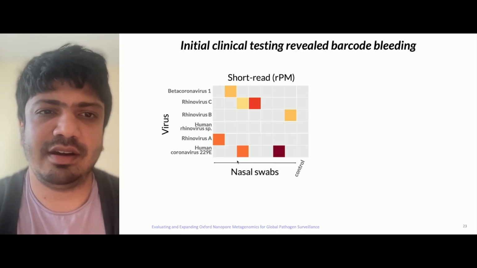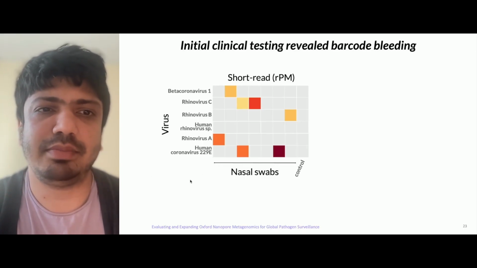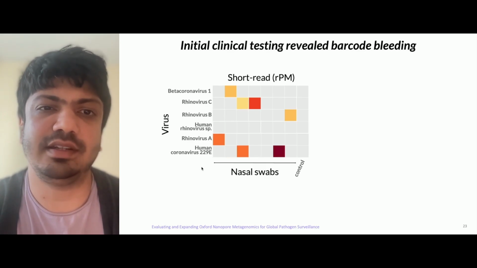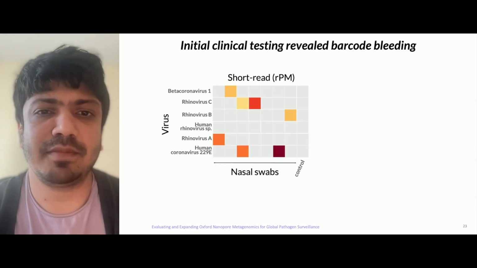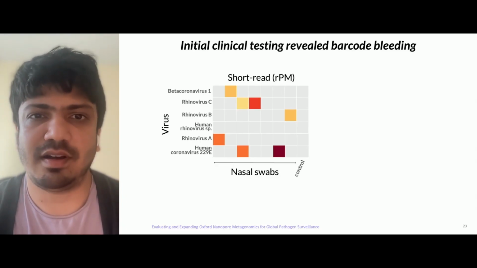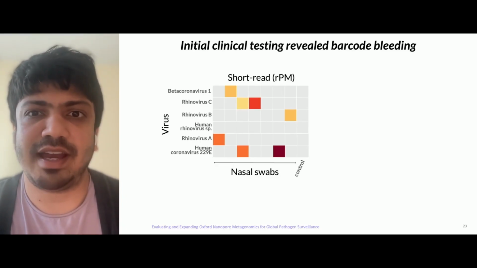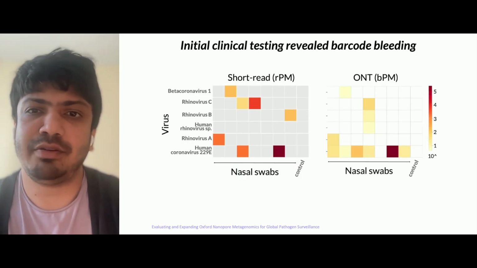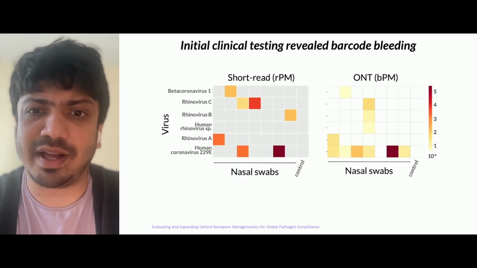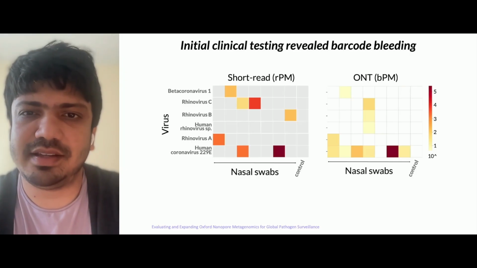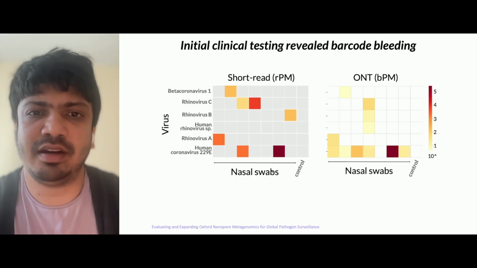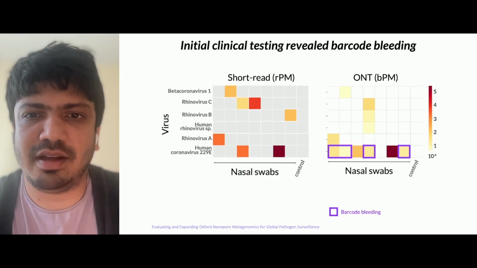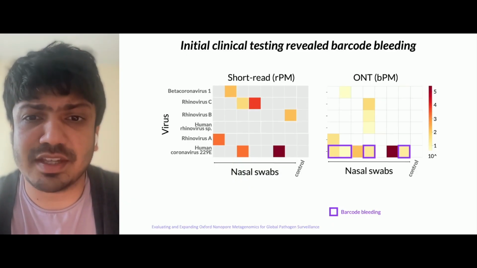What you see here along the x-axis are different samples, and along the y-axis, different viruses that were present in those samples. When we ran these samples on Nanopore using the metagenomics protocol, it seemed to work well, but we were seeing this sort of crosstalk where, in this example, if you look at the bottom row, there are these spurious signals.